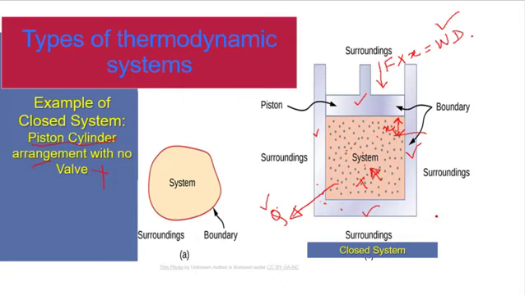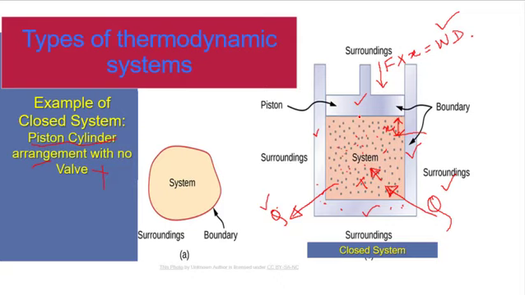The other way, if you add heat to the system, say this is a conductor and we are heating this arrangement, then heat is supplied to the system. That means heat transfer. Because of this heating process, this mass of gas will develop pressure and temperature.